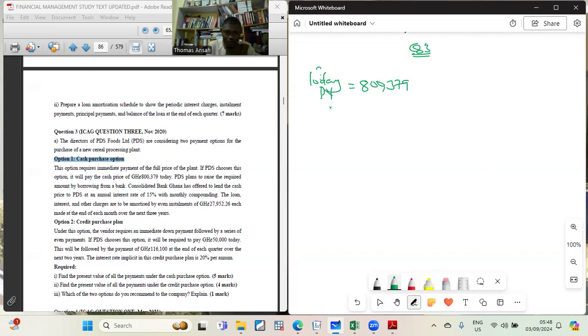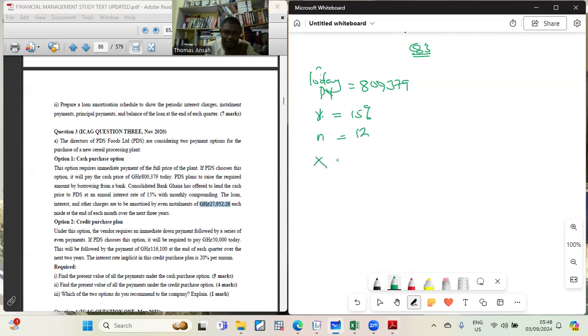PDS plans to raise the required amount by borrowing. So you already know the money today. The consolidated fund has offered to lend the cash price to PDS, and it requires interest of 15% with monthly compounding. So the R is 15 and n is 12 times monthly. The loan interest and other charges are to be amortized by even installments.